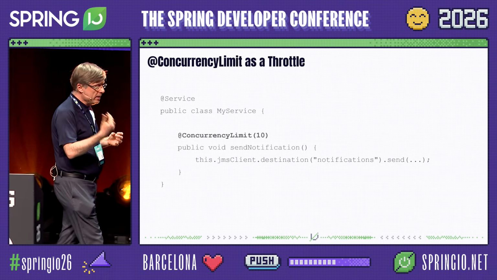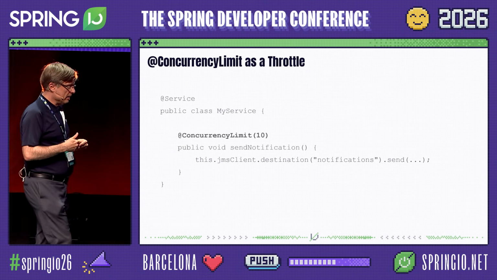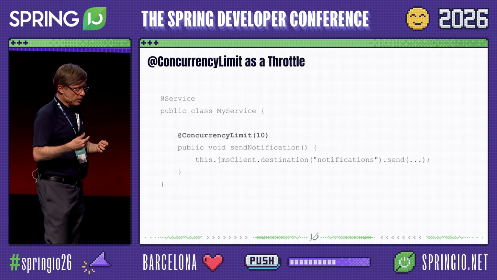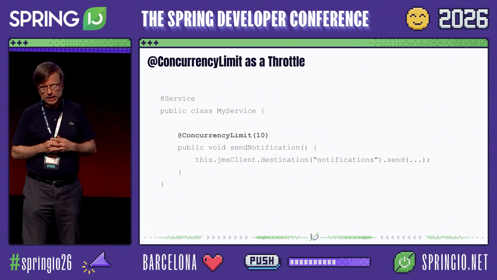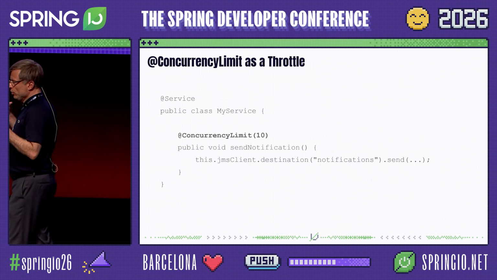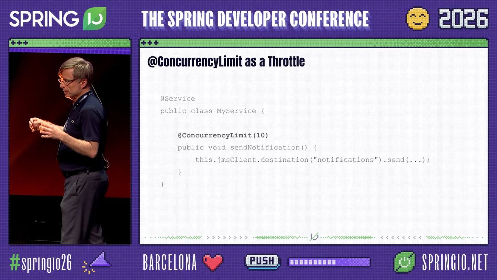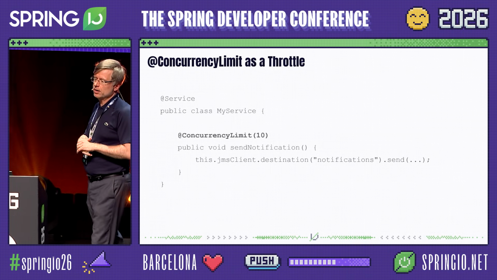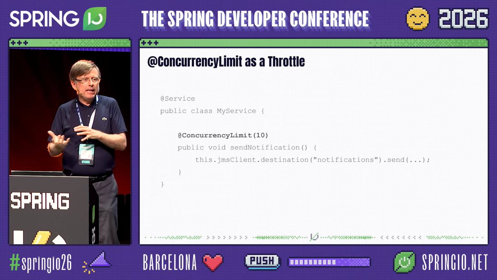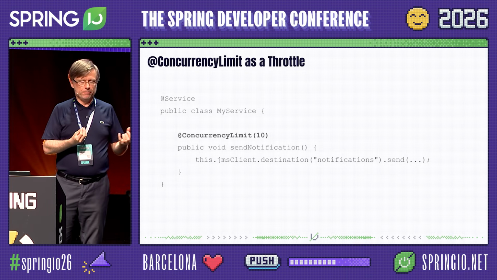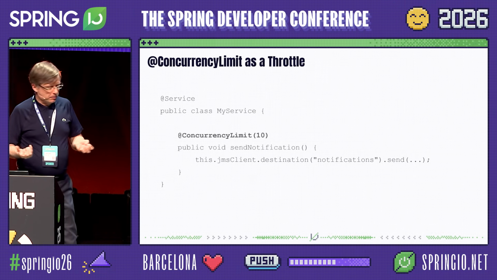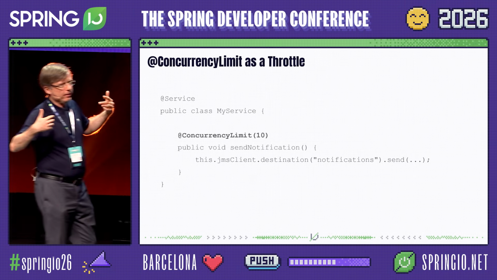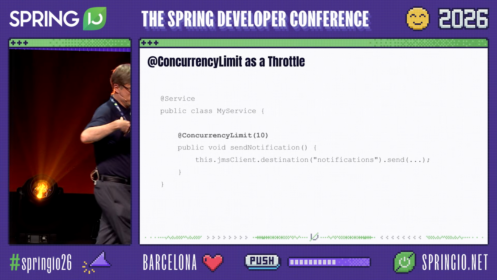As an AOP interceptor and as a mechanism to constrain what we call the simple async task executor. We basically took this feature, or this way of expressing a concurrency limit, and made it an annotation-based feature. Add concurrency limit is basically applying an AOP interceptor to your method, right?